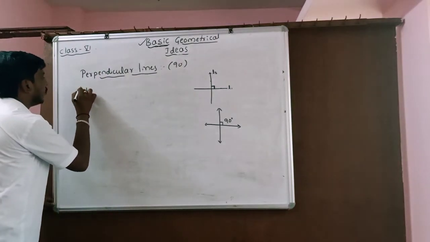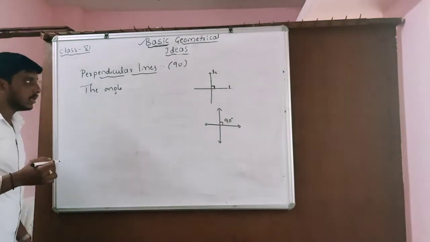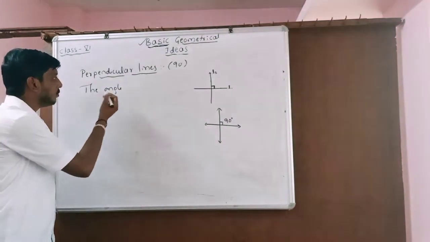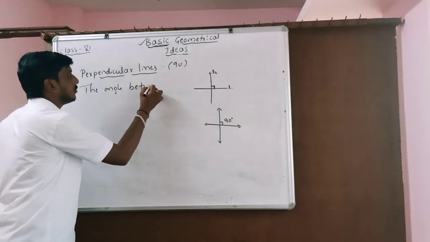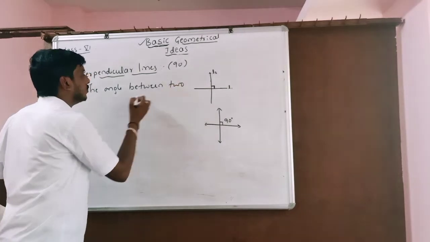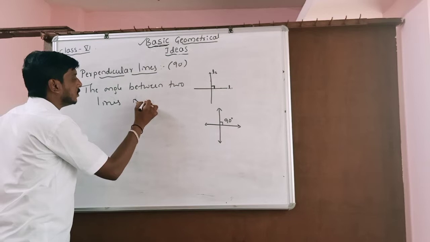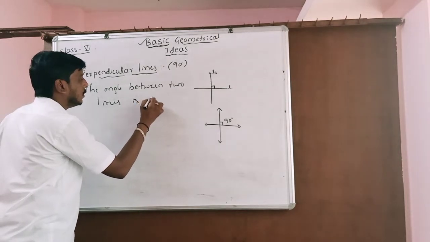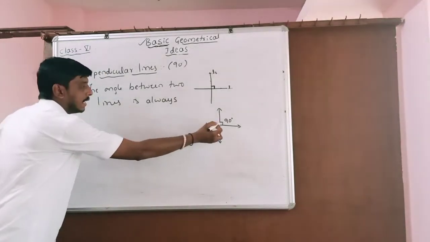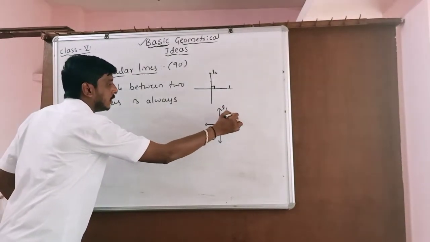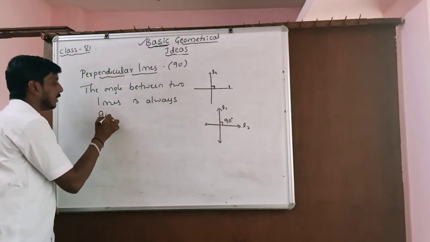Perpendicular is nothing but 90 degrees. You already know the definition of angle; otherwise I will recall what an angle means after this concept. So here, this is line 1 and this is line 2, and the angle between the two lines is always 90 degrees.